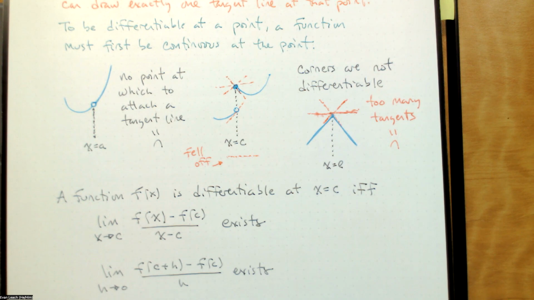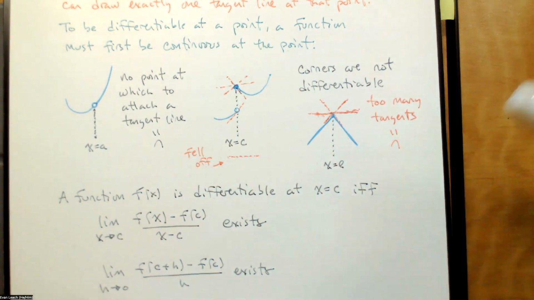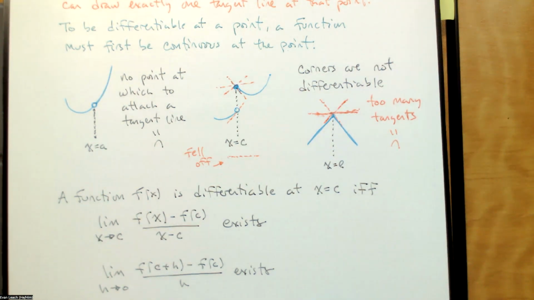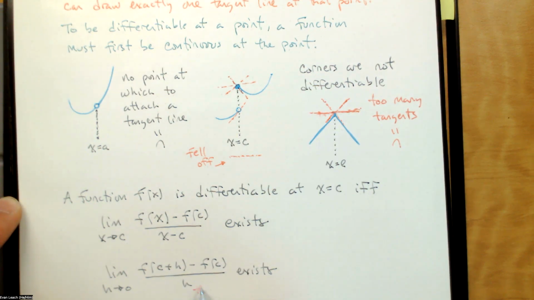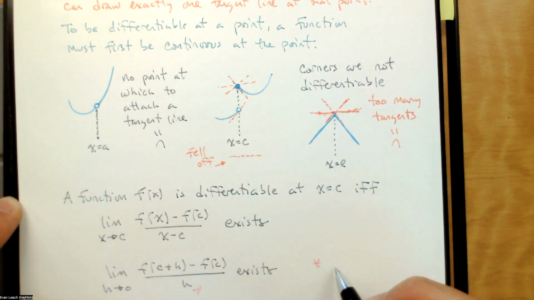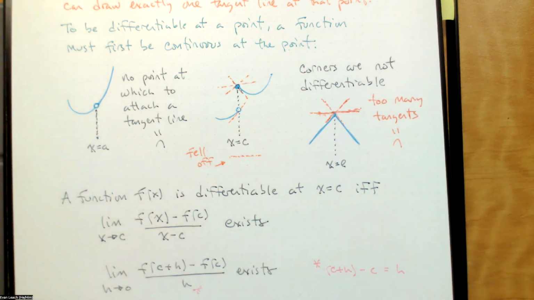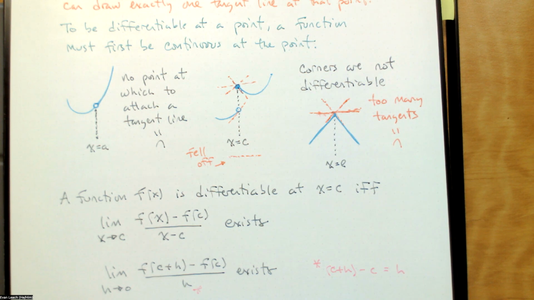So the c's cancel out and just leave the h. We approximated our tangent line with a secant line by choosing a point nearby. H is how close that point is.